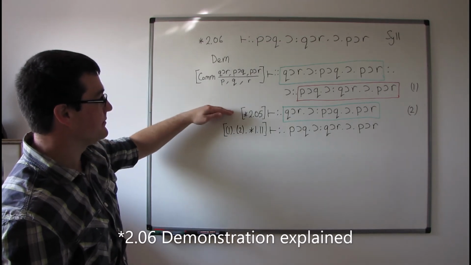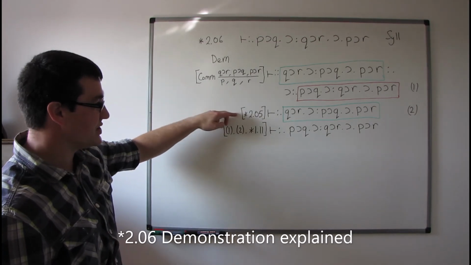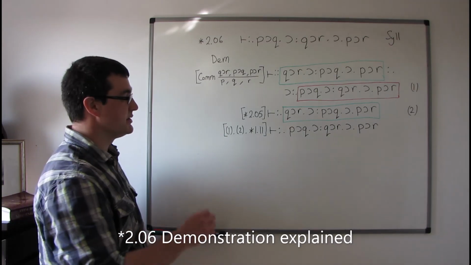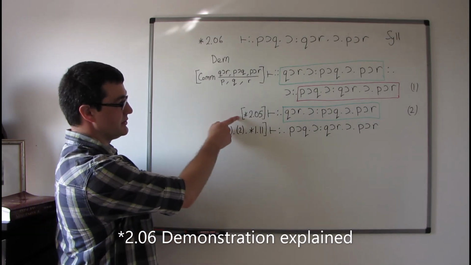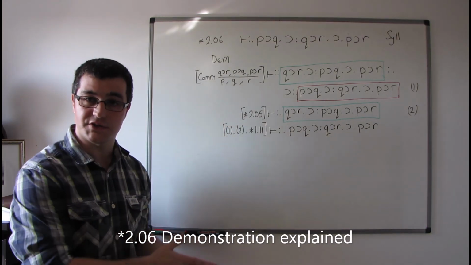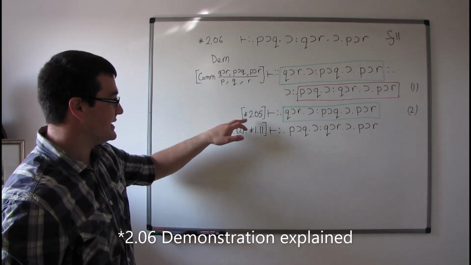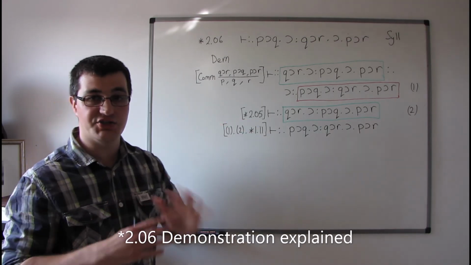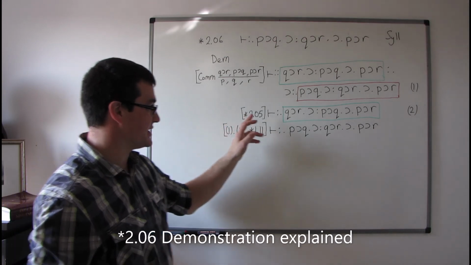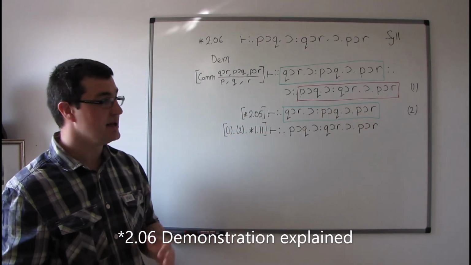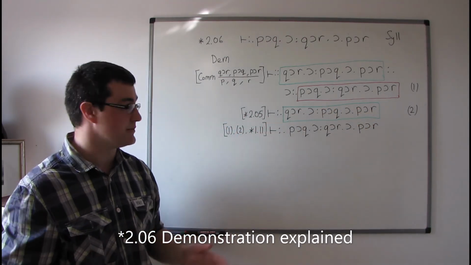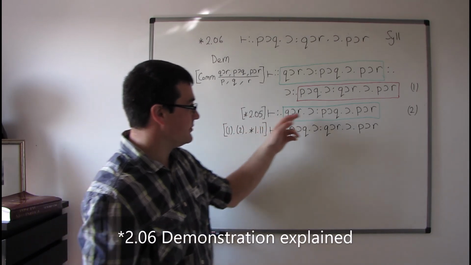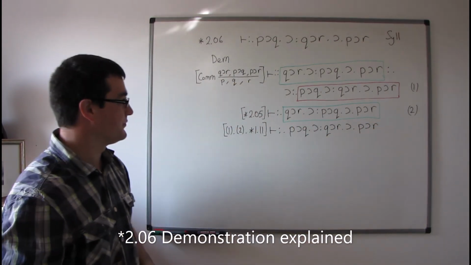The next line is effectively just a straightforward assertion of star 2.05. So the previous proposition that I looked at, it's that one without any changes whatsoever. It's just exactly as it appears in the statements of the original proposition, and we're going to label that 2.